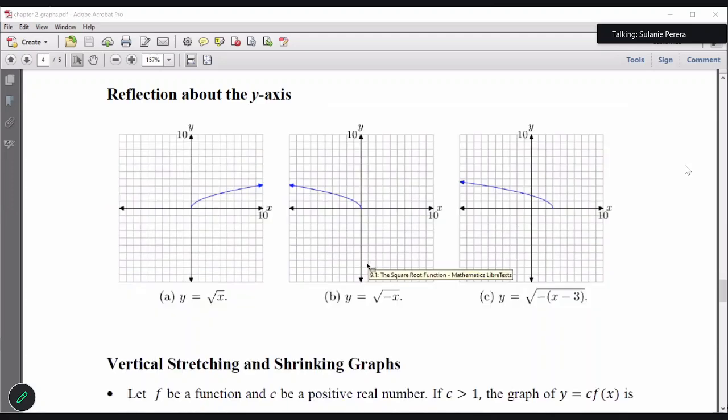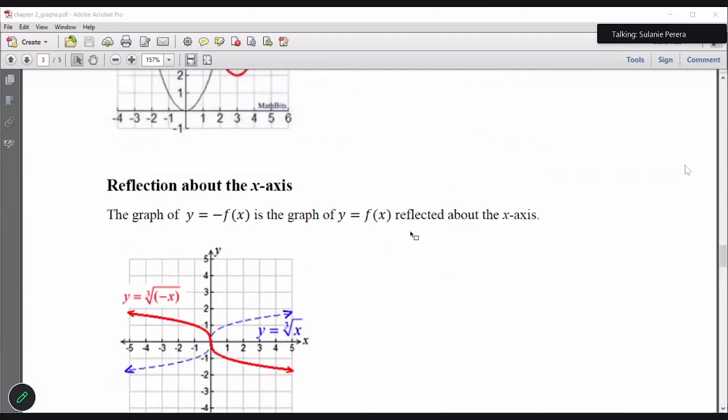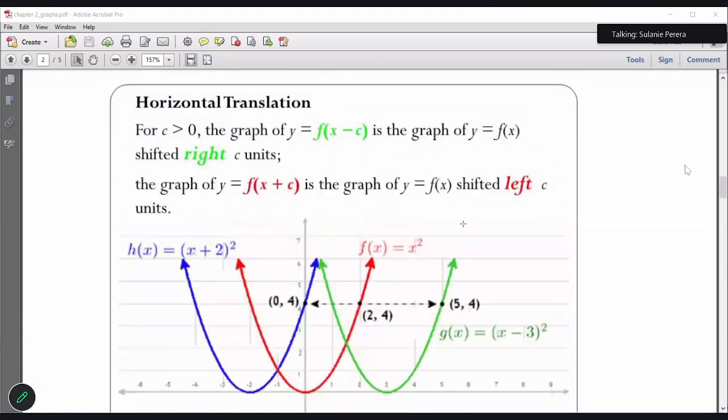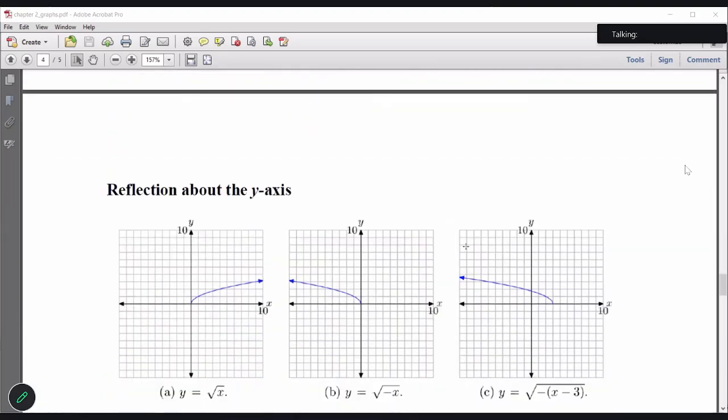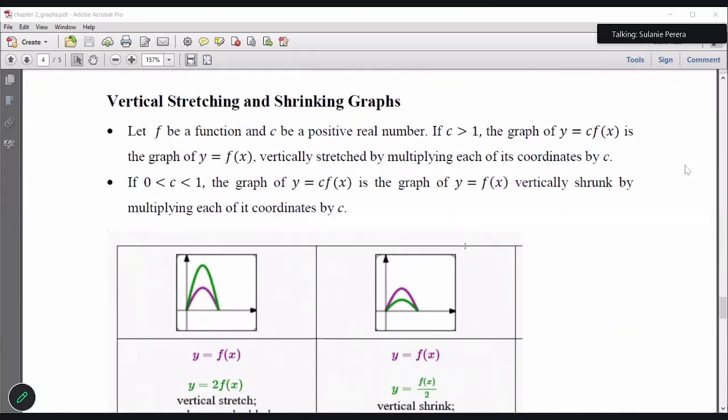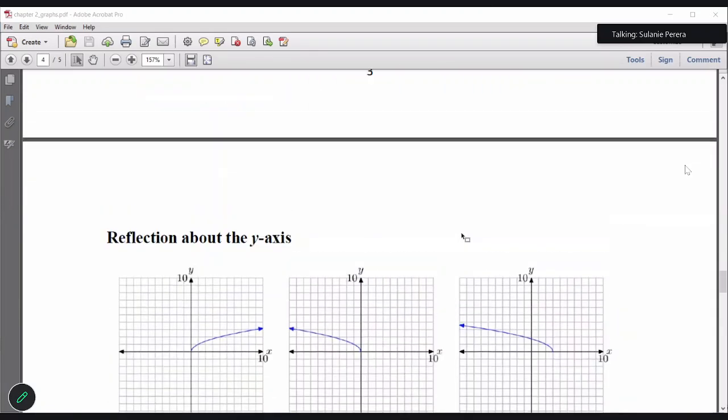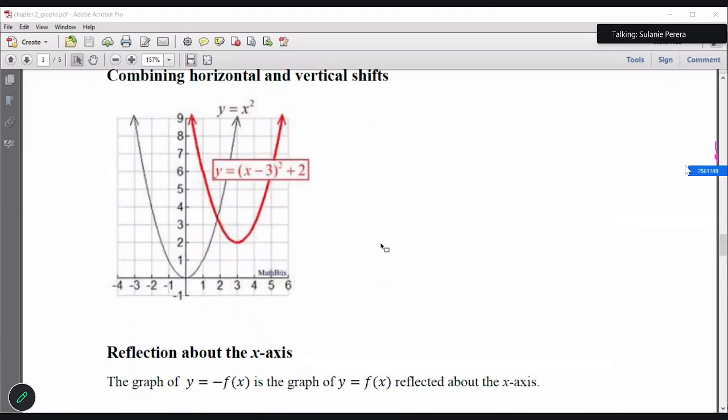So these are all the same. Don't worry much about the reflections, but you all should know the horizontal and vertical shifts, and the combination. If they give you a combination, you should be able to plot it. For that, you have to know the graph of y equals x squared.